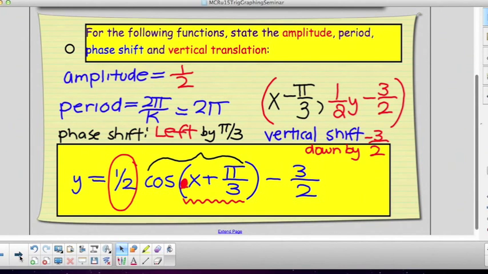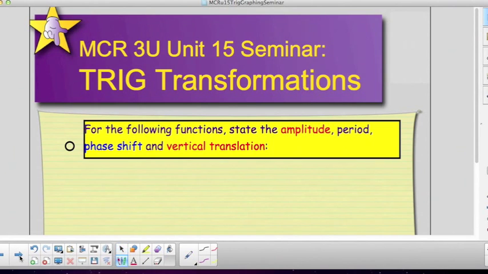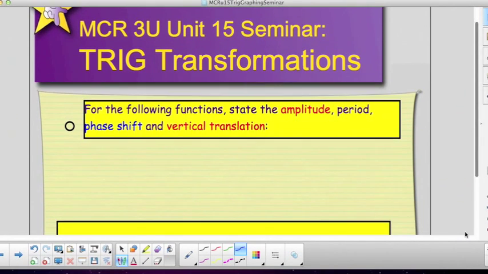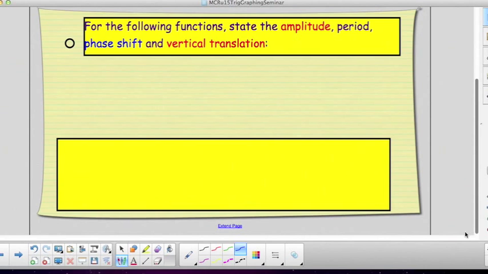Now I'm going to do another example with you. So y is equal to 3 sine (2x minus 3 pi over 4) plus 3.